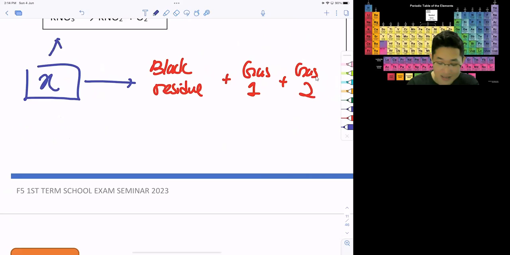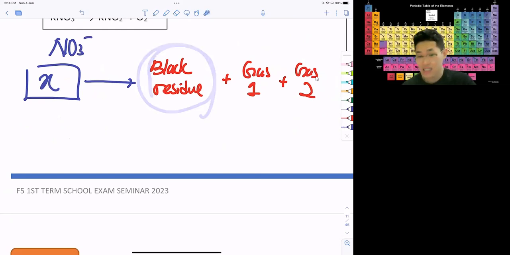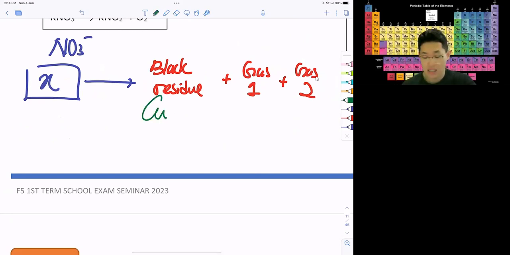Nitrate, right? Then when you see black, we only have one black substance, the CuO. So this will be Cu2 plus and NO3 minus. Just like that, copper 2 nitrate.